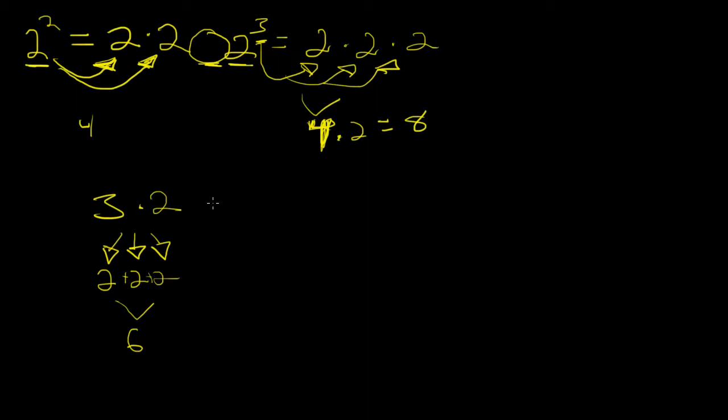Right? Or if you wanted to put it another way, we have 2 times 3. It's like saying we have 2 sets of 3's. We have a 3, and then we have a 3. What's 3 plus 3? 6. That is much different from when we're looking at exponents, where we're really saying we're multiplying these bases.